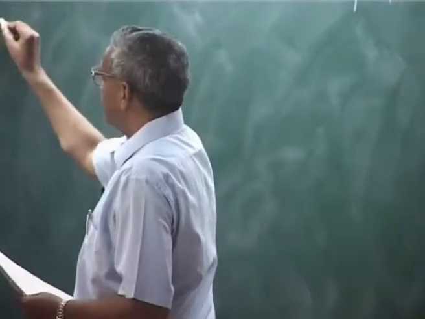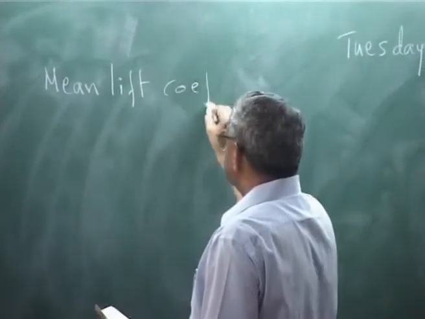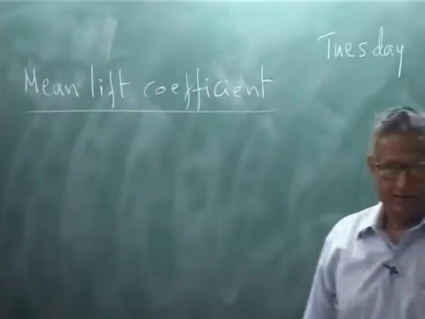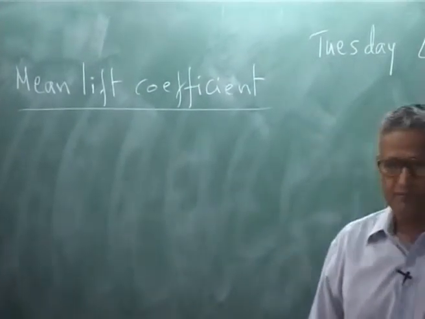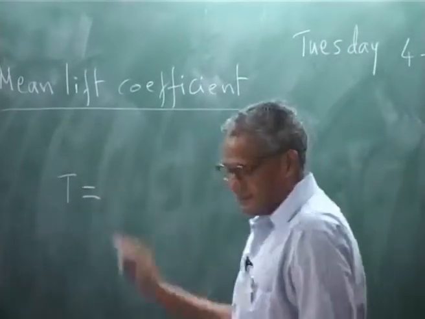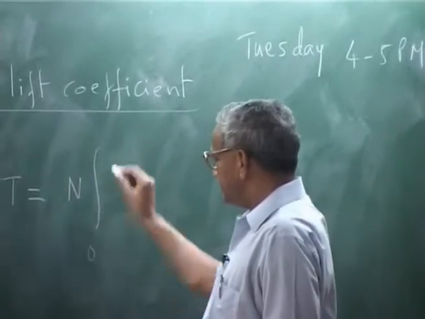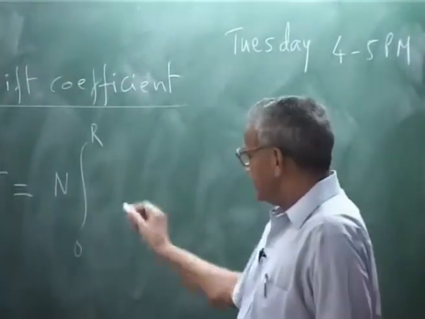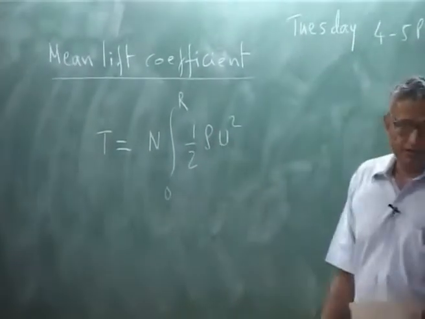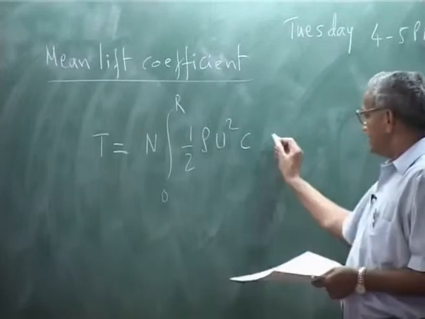Mean lift coefficient. This is just a definition, mean lift coefficient, because you know thrust, which is given by number of blades, let us say 0 to the whole thing, dynamic pressure half rho u square or ut square, whatever you take it, then you will have the chord and you will have lift coefficient.